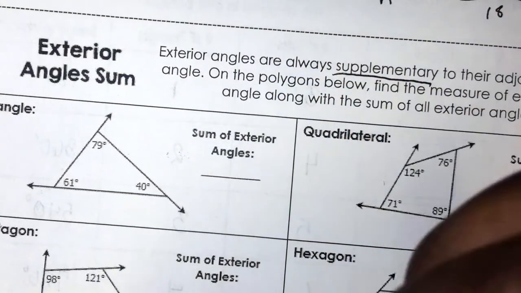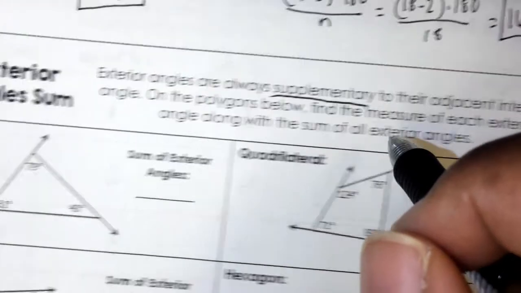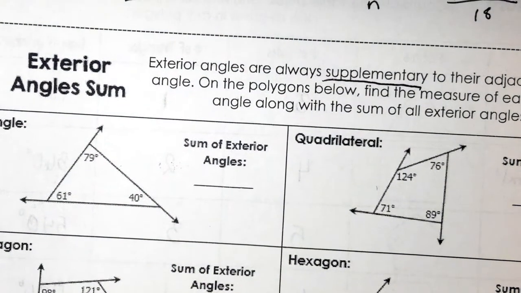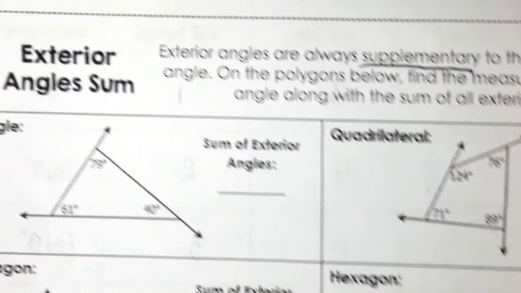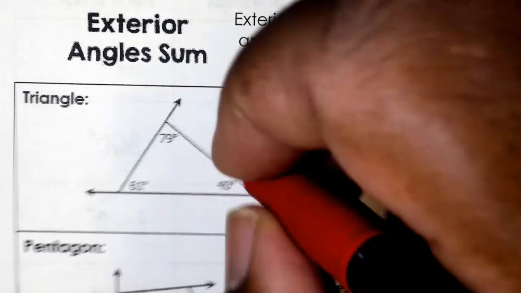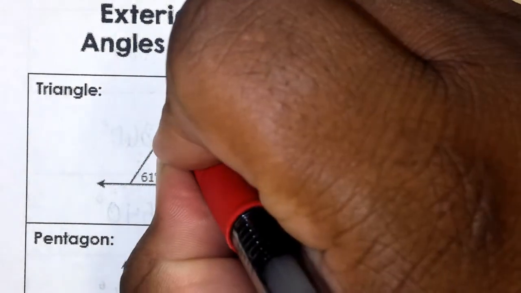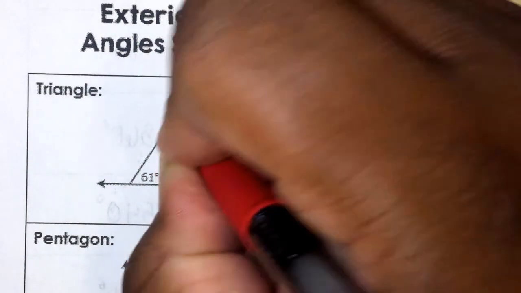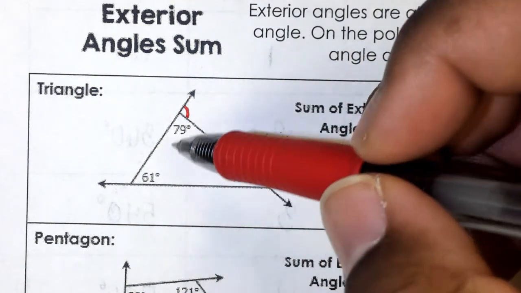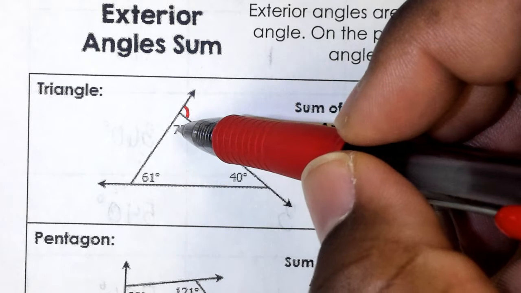So the part we need to pick up is they say exterior angles are supplementary to the adjacent interior angle, which is true. If that's the case, then I can easily find my exterior angles here. Looking at the first one, my exterior angle here, they're saying that's supplementary to the adjacent interior angle.